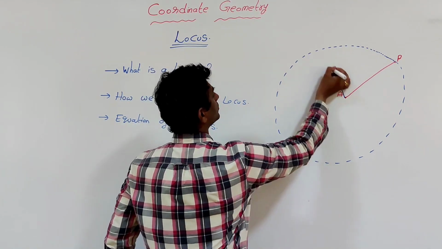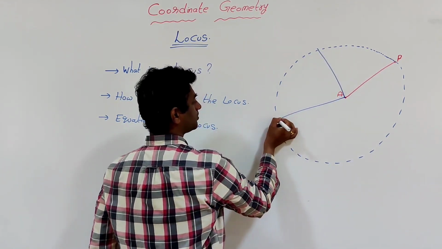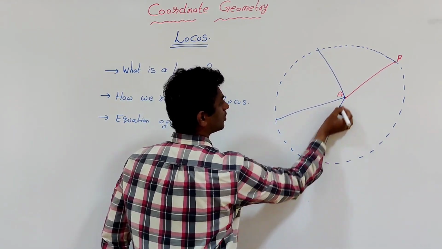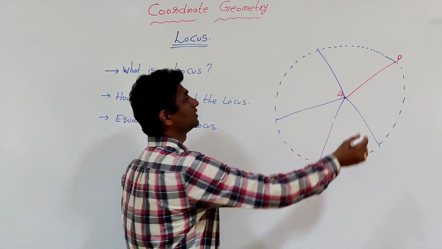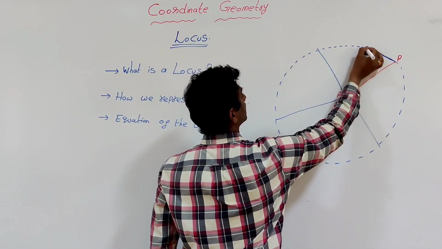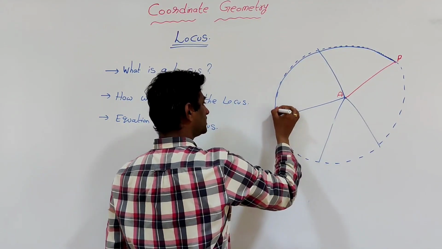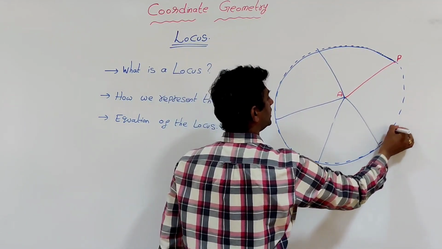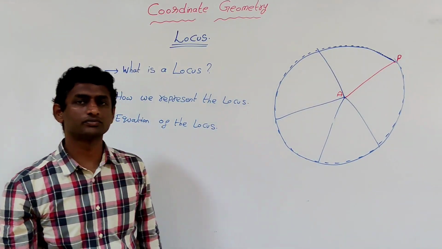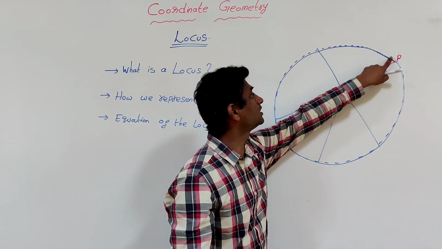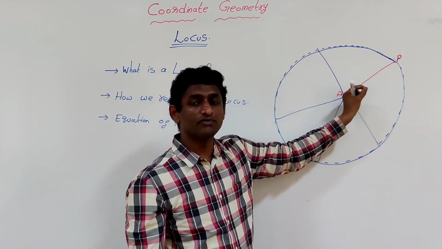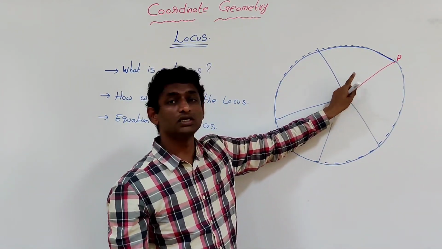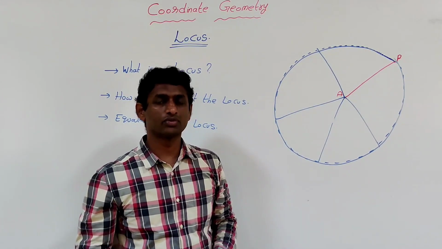The distance from here to here, and the distance from here to the point on this side or this side, is the same. The path on which the point moves under this condition is called a locus. This set of points with the same distance is called a locus.